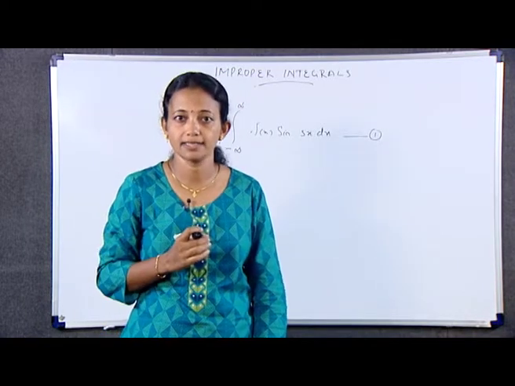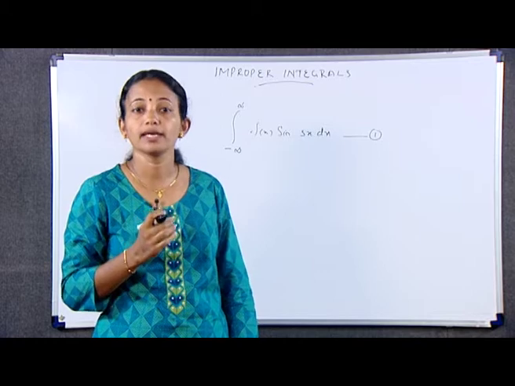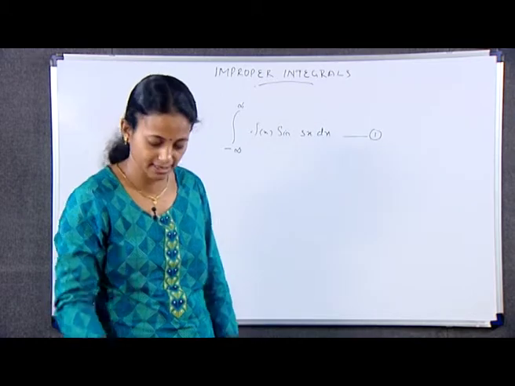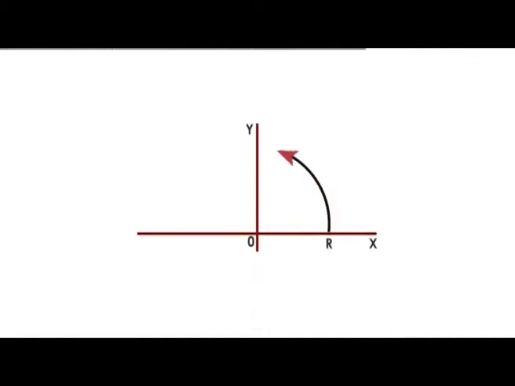We then integrate f(z) e raised to i s z dz. That is our equation number 2. We integrate around the positively oriented boundary C of the semicircular region.